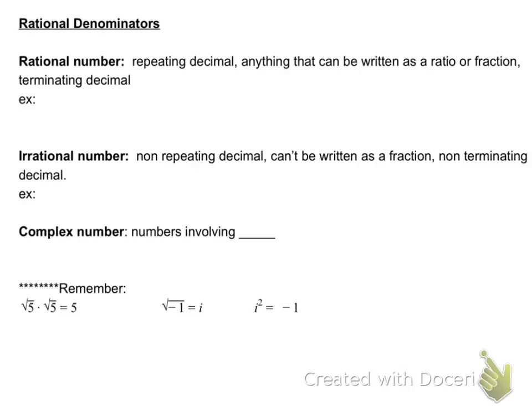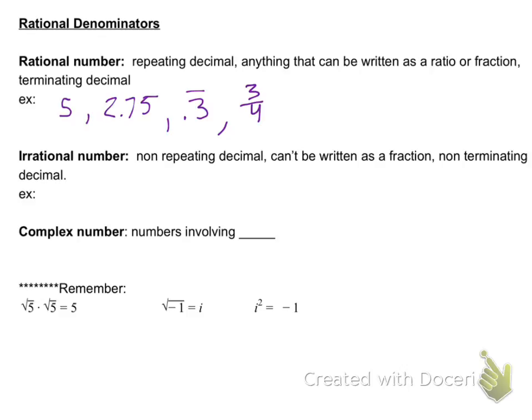Examples of rational numbers: 5 is a rational number, 2.75 is a rational number, 0.3 repeating is a rational number, 4 would definitely be, and 3/4. Basically, anything that can be written as a fraction is a rational number.